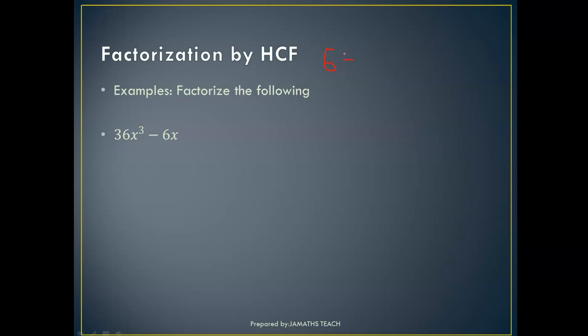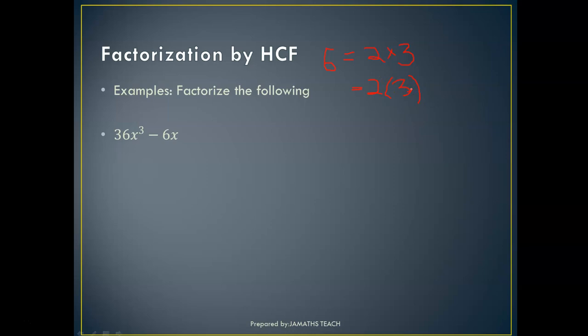Then I could express 6 as a product of its factors, which would be 2 multiplied by 3. Also remember that in mathematics we use brackets for multiplication, so this could be written as 2 times 3, and the bracket is representing the multiplication.